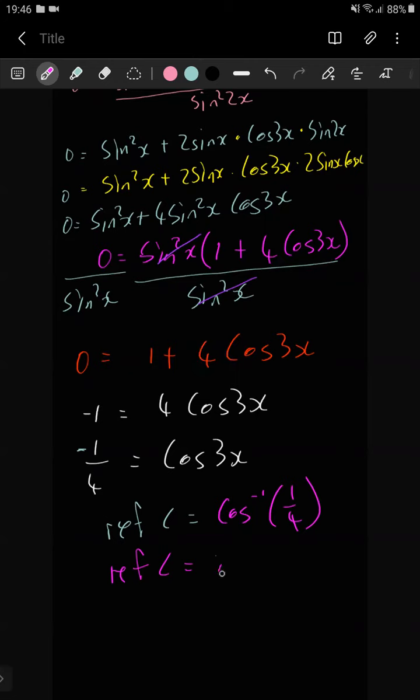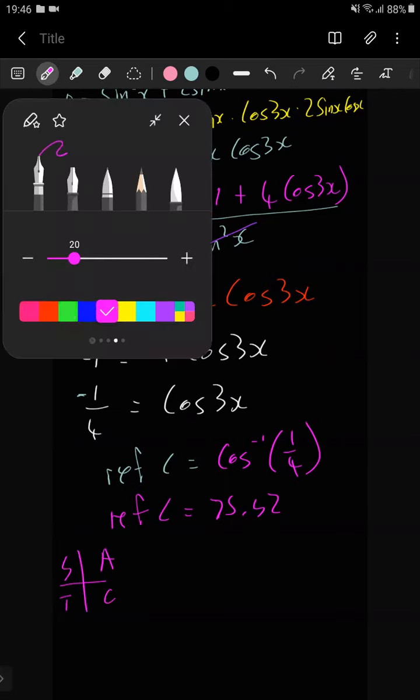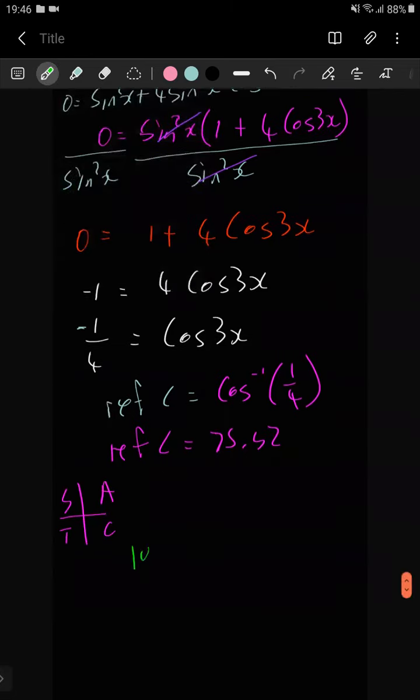It's like 75.52. So cos is negative in the second quadrant, which is 180 minus. So 3x is going to be equal to 180 degrees minus the reference angle. This doesn't look like it's going to yield something useful, but it's scary.